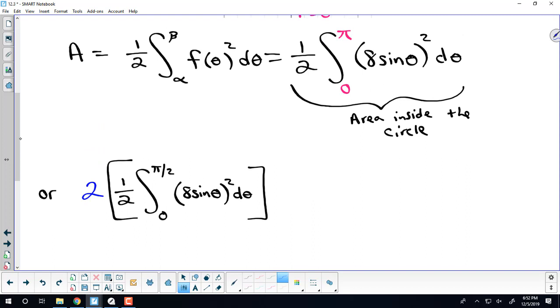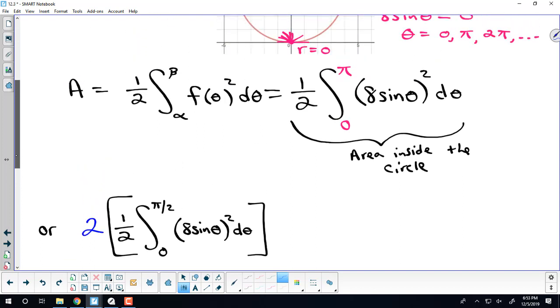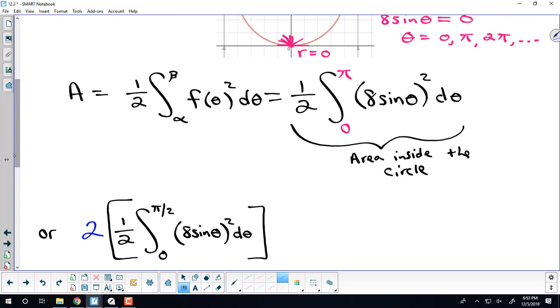So it's totally up to you. It's all the same. Everybody okay with the setup? I think the integration should be not too terrible with most of these.